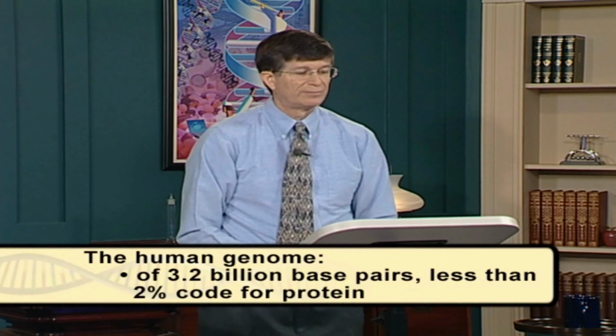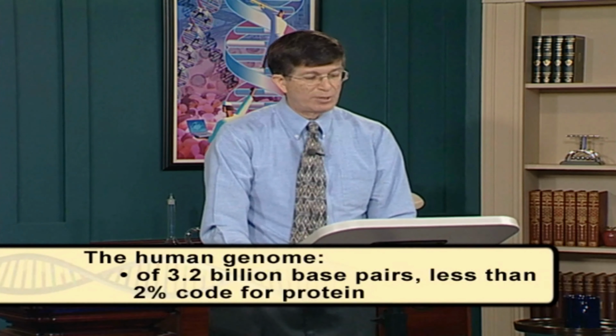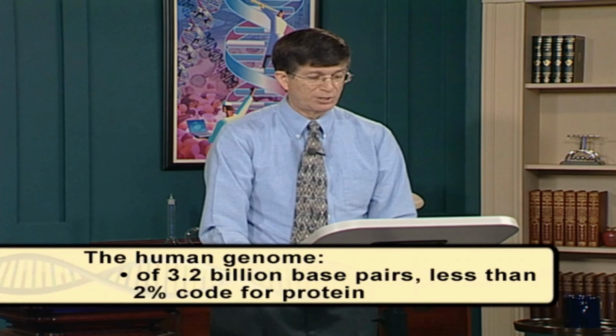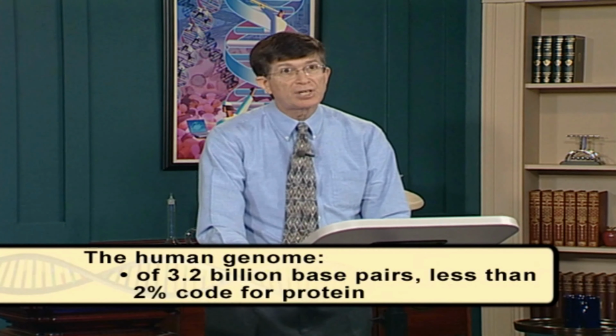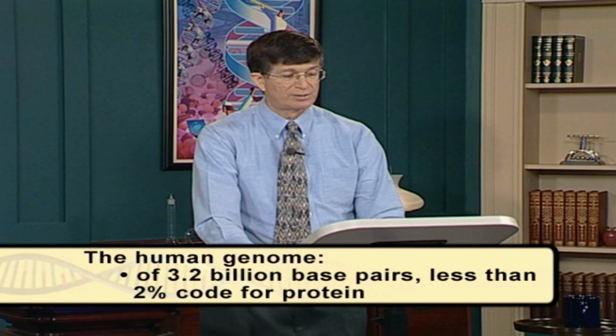The human genome has several characteristics. One, of the 3.2 billion base pairs in the human genome, less than 2% code for proteins. 98% of the genome is not coding for proteins. You're saying, what's going on here? We'll talk about that in a minute.